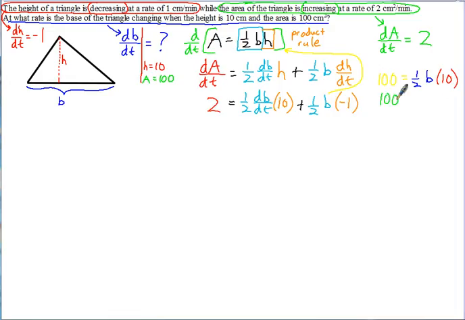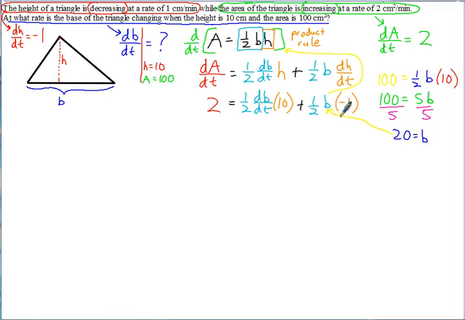So we've got 100 equals 10 times 1/2 is 5, so that's 5B. And then just divide by 5. 100 divided by 5 is 20. So we get the base is 20. Now we can take that and substitute it right back in here.